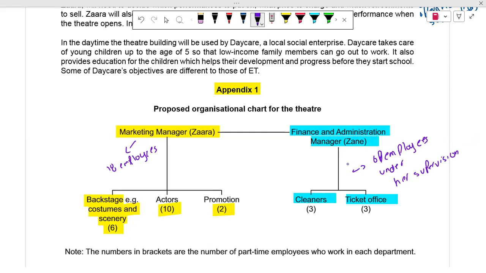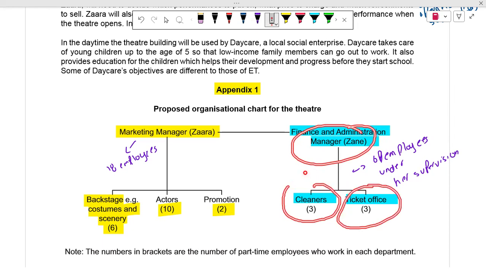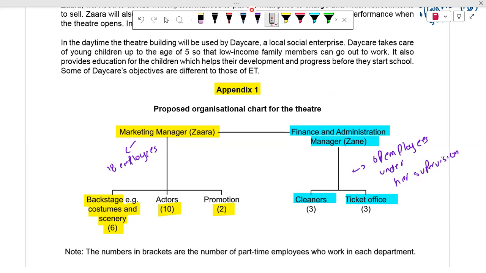So, and one more important thing: Zane is basically managing the cleaners and ticket office. So in my point of view, I think that the autocratic leadership style will be important.